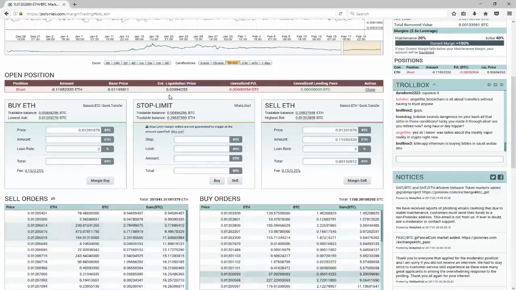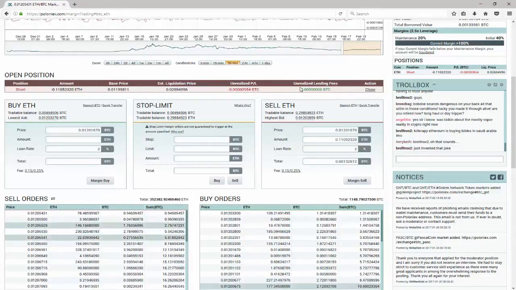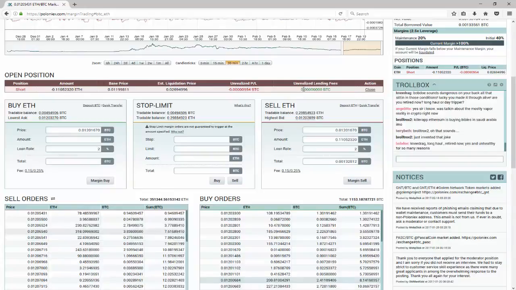So if the market moves up to 0.026, which is pretty far away, then I would lose everything in my account and get liquidated. It shows me my unrealized profits and loss. So I'm starting off at a negative by 954 Satoshis. And then it'll show the unrealized lending fees. And this is basically just the fees that I have to pay in interest for borrowing the coins.